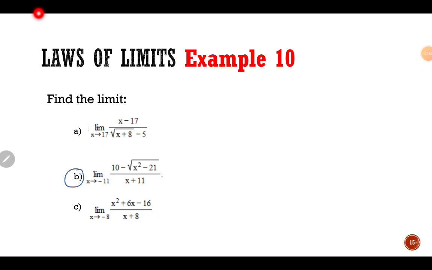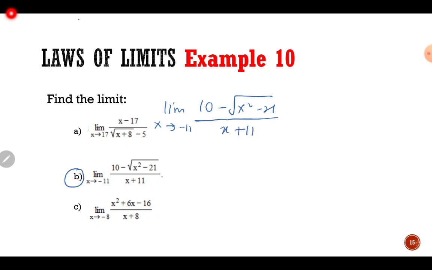Okay, yang B pun sama. Kita ada limit x approaching negative 11, 10 tolak square root of x square tolak 21 divide by x tambah 11. So, kalau you ganti, nampak tak? Kalau kita ganti kat sini, 10 tolak square root 11 square tolak 21 bahagi negative 11 tambah 11. Negative 11 square dia akan jadi positif kan?